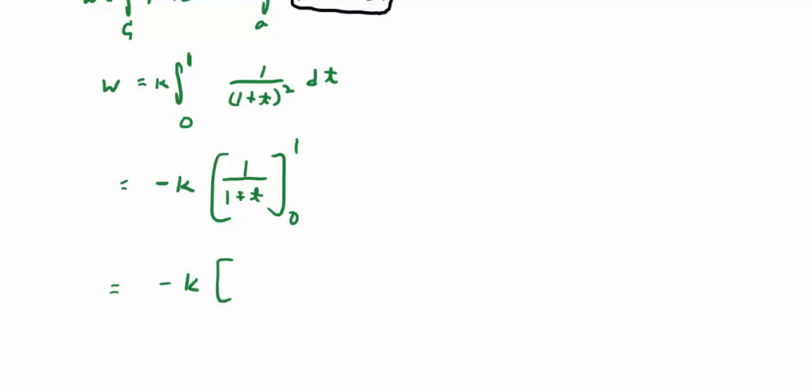You plug in the 1 for the upper limit of integration, you get 1 over 1 plus 1, which is 1/2, minus 1, which is, inside it's negative 1/2, but you have a negative outside, so it's, what, k over 2? K times 1/2? There you go.